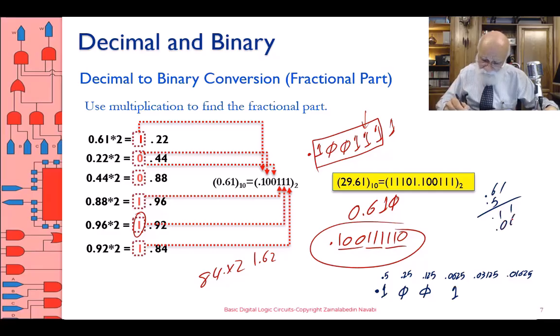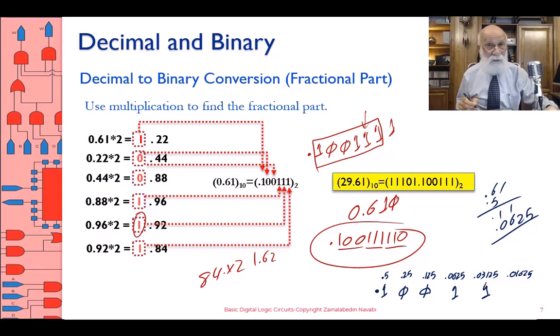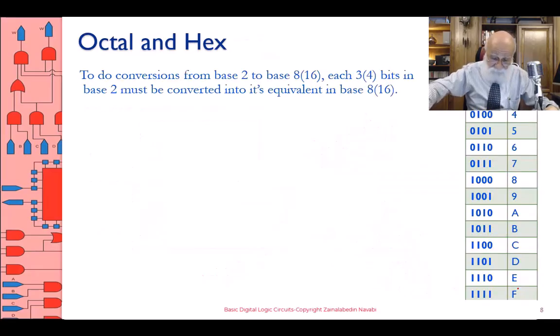You subtract 0.0625 from it, and then you end up with something. I'm going to cheat from this point on and not do the arithmetic. And then what I have is I can subtract 0.03125 from it. Okay? And therefore, this is another way of converting decimal numbers to binary numbers.